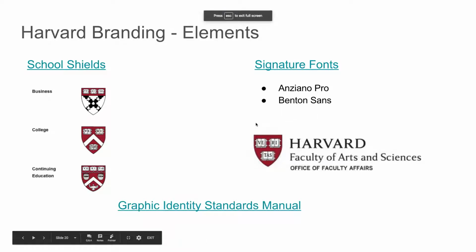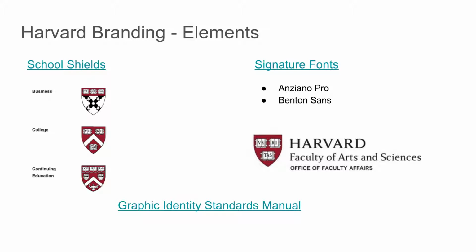All right, so additional elements for Harvard branding, there's school shields. Now, we don't provide these by default, but you'll find these on the footer. These are also on the Harvard HWP Guidelines website. You can download your shield.